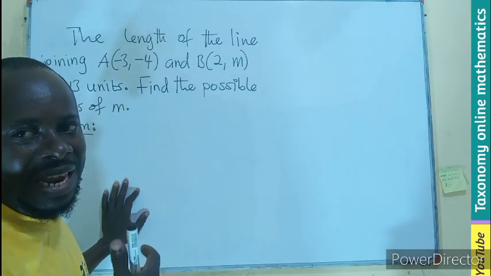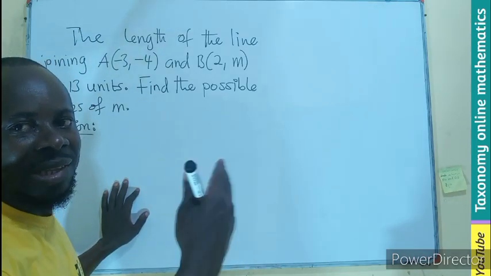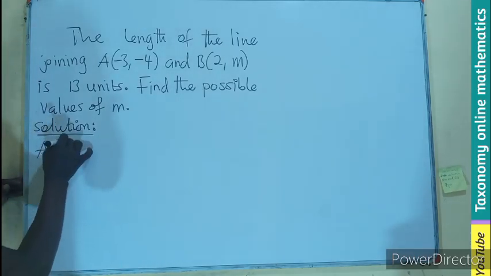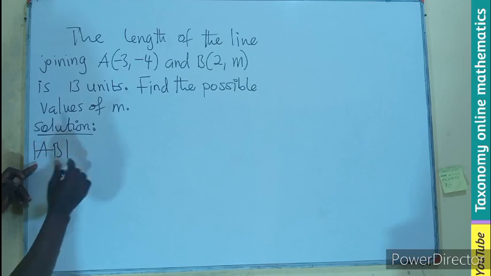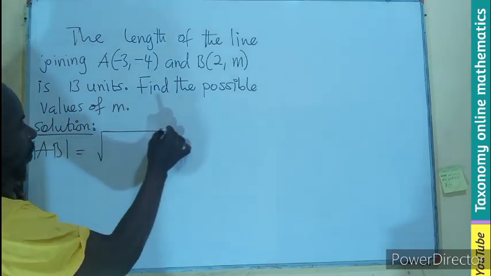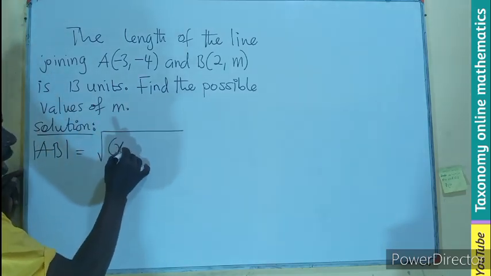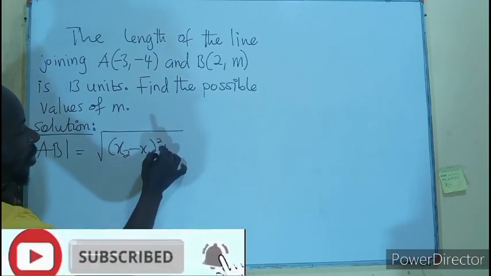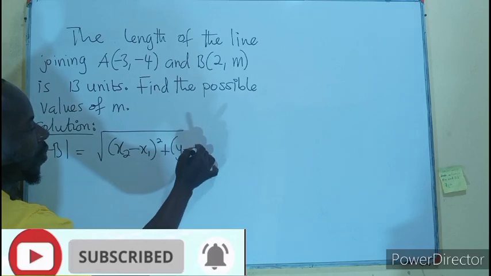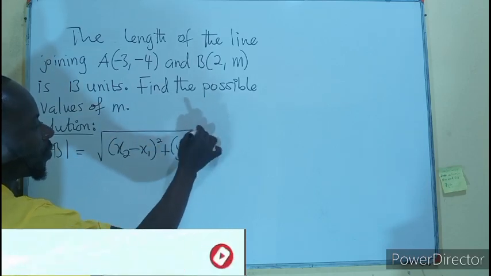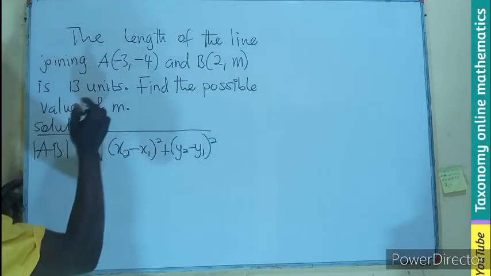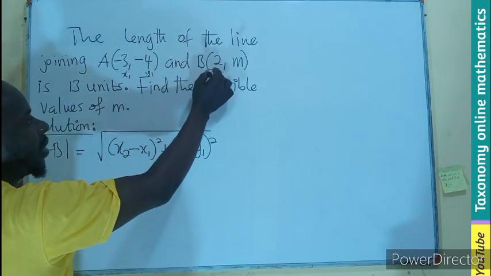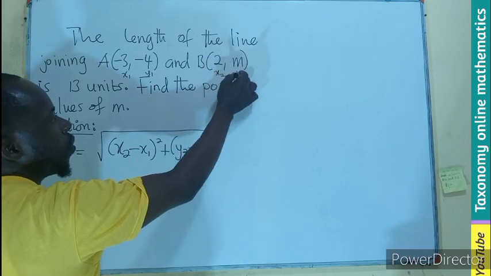So how do we find the length, or the distance, between two points? You can remember, if you have a point A and B, the length or the magnitude between them is given by the difference on the x-axis squared, plus the difference on the y-axis squared. So if you pick the points, this is your x1, y1, and this is your x2, y2.